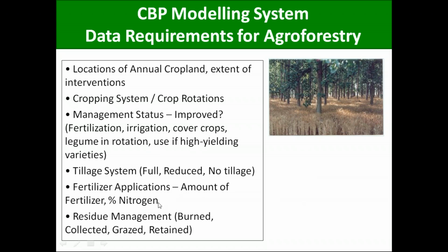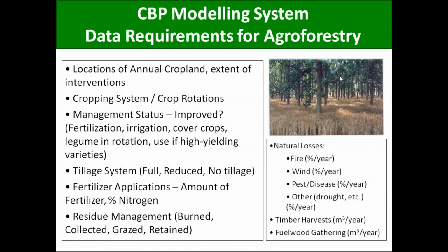So things like tillage system, residue management. And then for the tree part of your agroforestry system, what are your natural losses? Again, fire, wind, pest disease, timber harvesting, fuel wood gathering. So you can see there's a lot of repetition in the tools to try to make it as easy as possible.